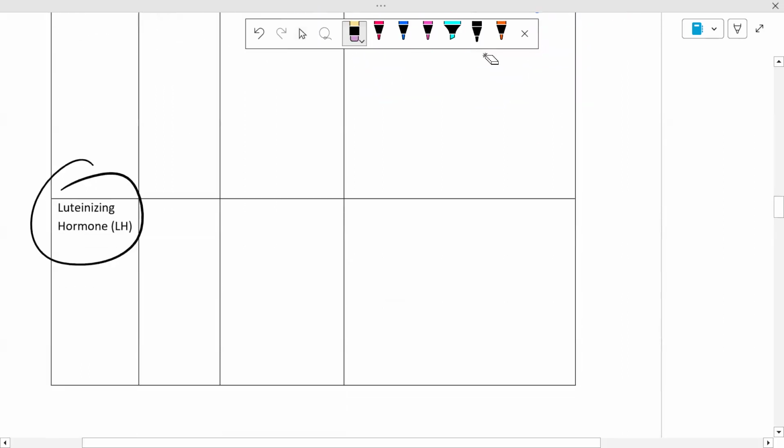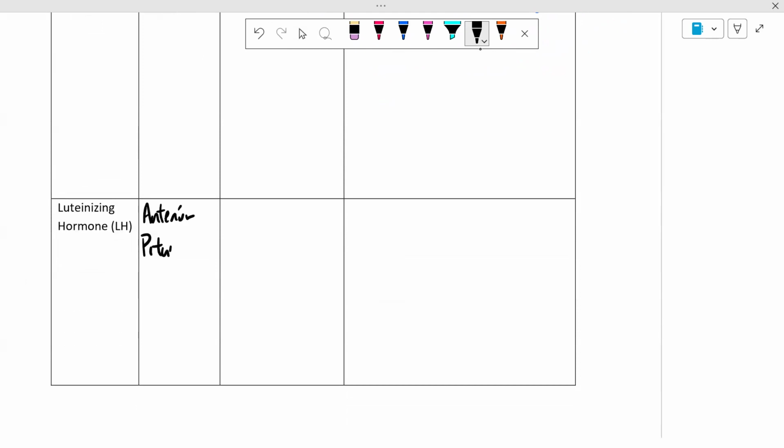So luteinizing hormone, where is that from? That is the anterior pituitary. Anterior pituitary gland again, right? And again, the trigger is increased GnRH.